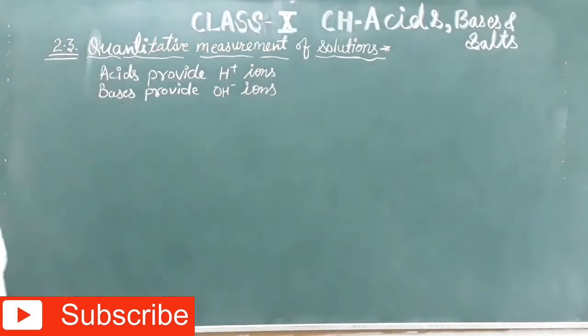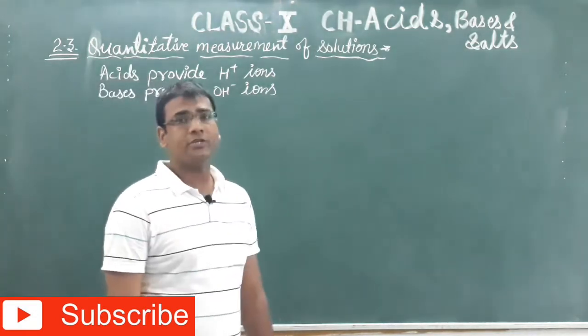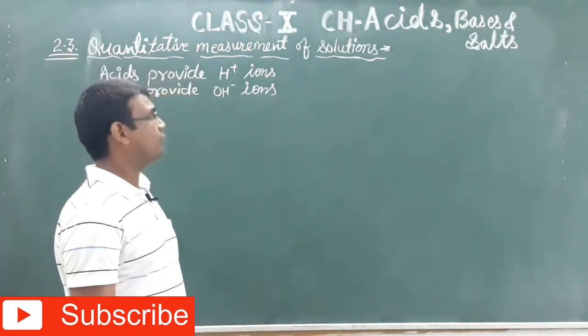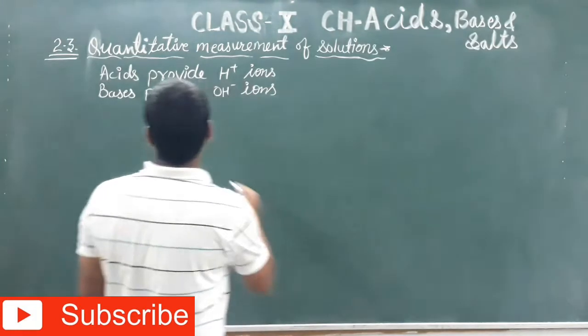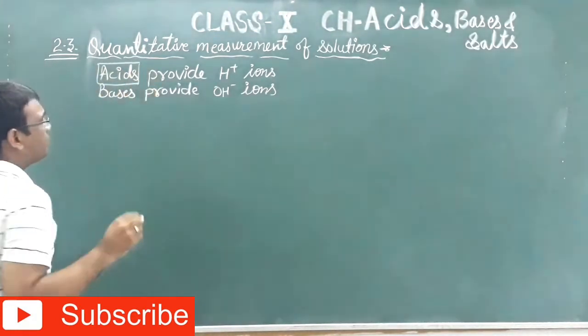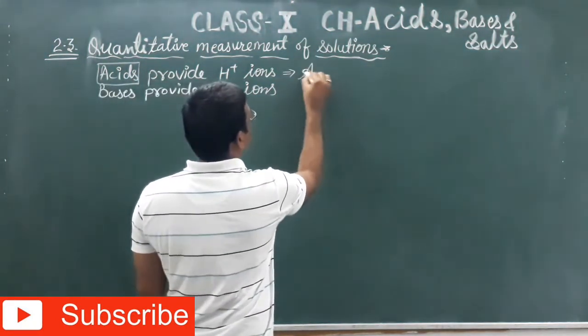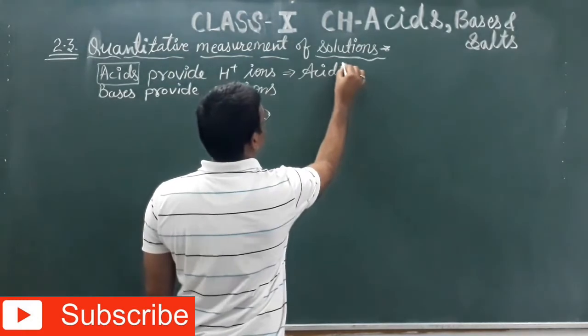Now, when we are talking about quantitative measurement of solutions, what are the types of solutions? If an acid is present in the solution, then that solution is called an acidic solution.